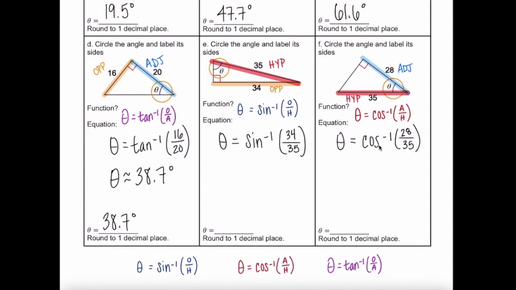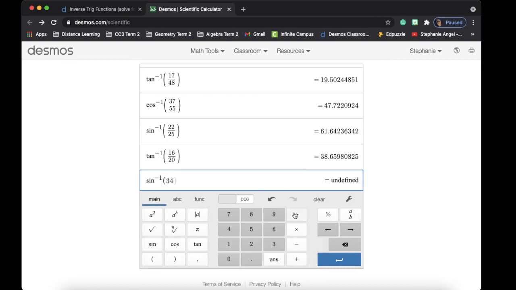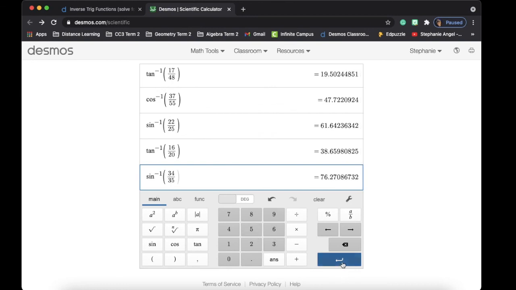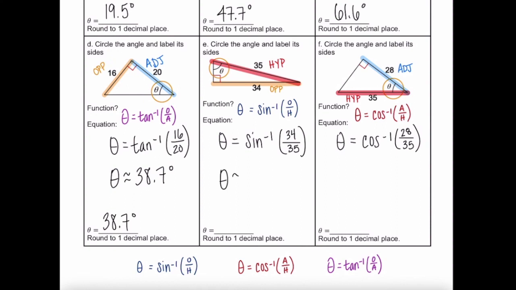For problem E, you were given the opposite and hypotenuse. So the function was our inverse sine. Theta equals inverse sine of opposite 34 over hypotenuse 35. So grabbing our calculator, we have function, inverse sine of 34 divided by 35, and it appears our angle is 76.27 or 76.3 degrees. So theta is approximately 76.3 degrees.